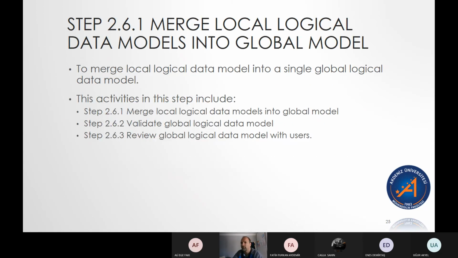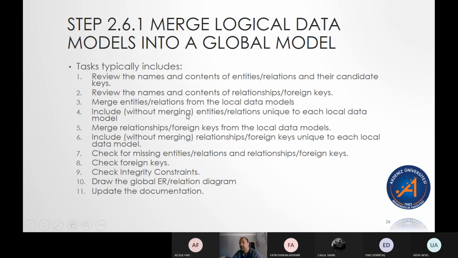But when we go to merge, we're going to check the names and contents of any entity's relations in both our model and in any other models that we're merging with. An example we might use is that if somebody were creating a database for our university, one team might be in charge of the student portion, how the students are going to interact with the courses.